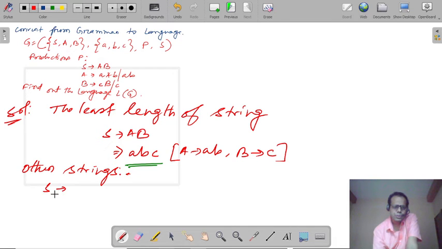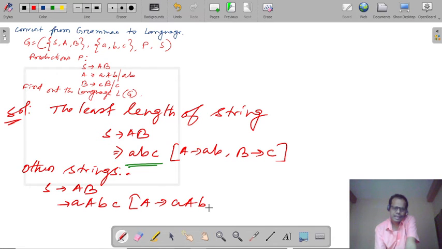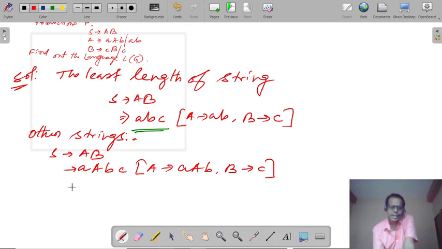So S implies AB, A implies small a, capital A, small b, and B implies c. So we are using A implies a A b, and B implies c. Here we get a A b c. Now this A might be substituted by a A b again, so a a A b b c.